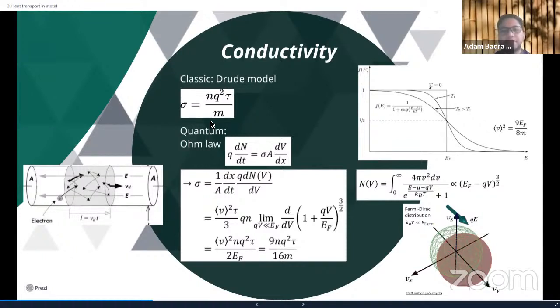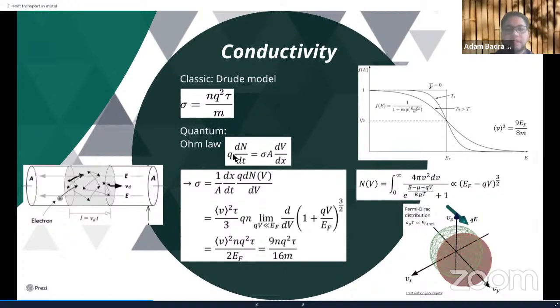Maybe it turns out to be the same, and in some limit the quantum and classical are the same. But to be exact and detailed, we need to use the microscopic version of Ohm's law.